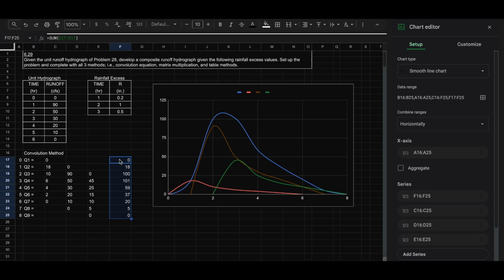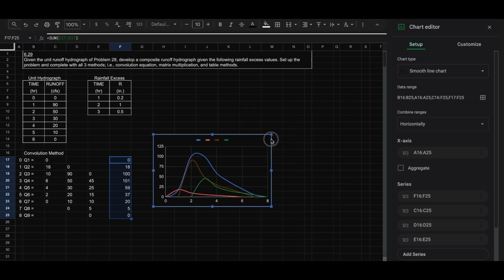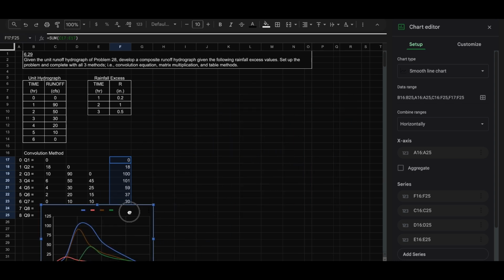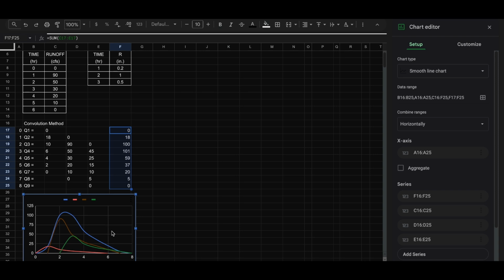But what we do with this is we find one hydrograph that represents all three of them, which is the blue line in this plot. And again, this is time versus CFS, which is the flow. So this is a nice, cool way to approach this, and it gives you a good visualization of what's happening.